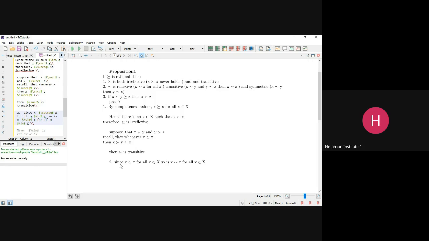Since we can assume that every element in a set is at least as good as itself, any item I pick, if I have a mobile phone, that phone is as good as itself. No phone is better than the phone I'm holding. So x is at least as good as itself.